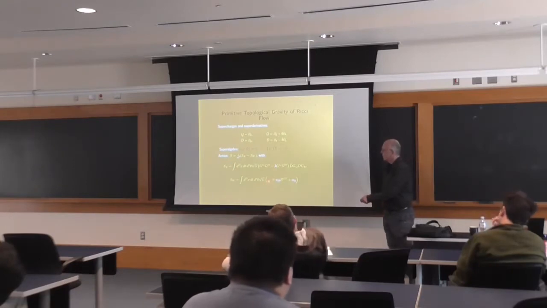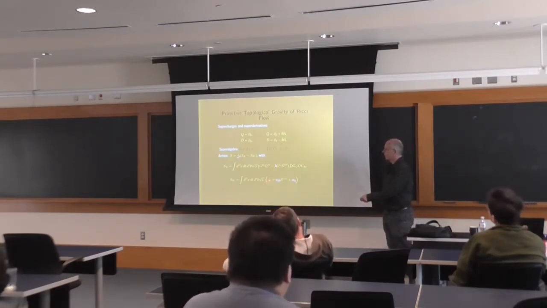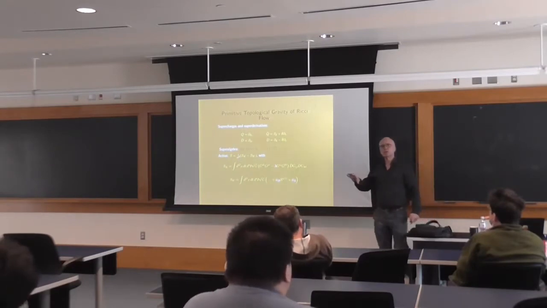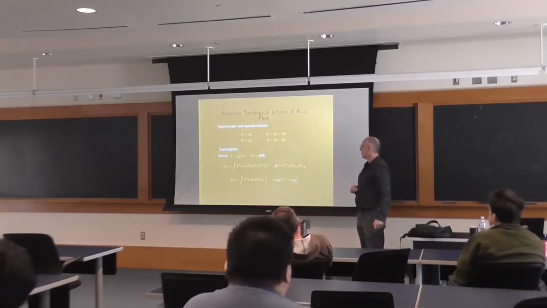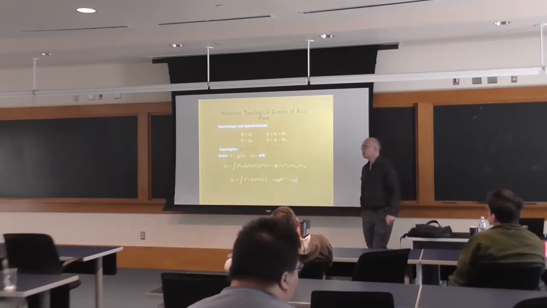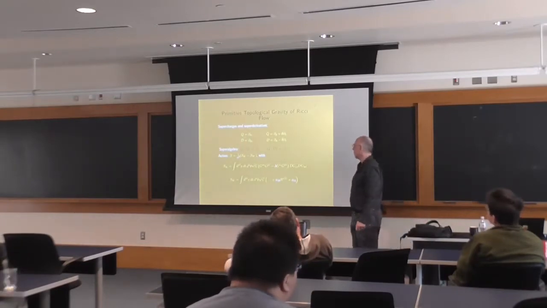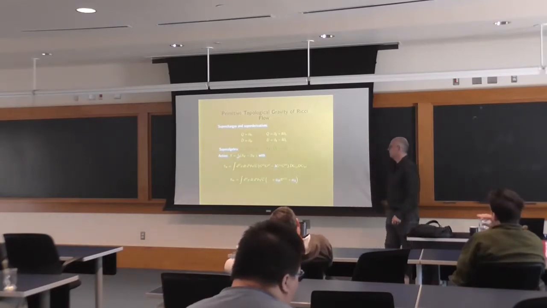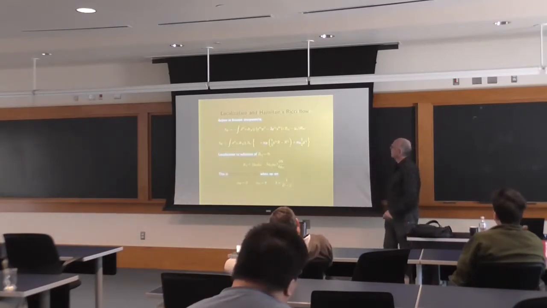For example, in 3 plus 1 dimensions, if you add the Chern-Simons 3-form to the superpotential made out of the Christoffel symbols of the spatial metric, then it will give you the Cotton tensor in addition to the Ricci tensor, and you get a third order flow equation. And that would be power counting renormalizable in 3 plus 1 dimensions.